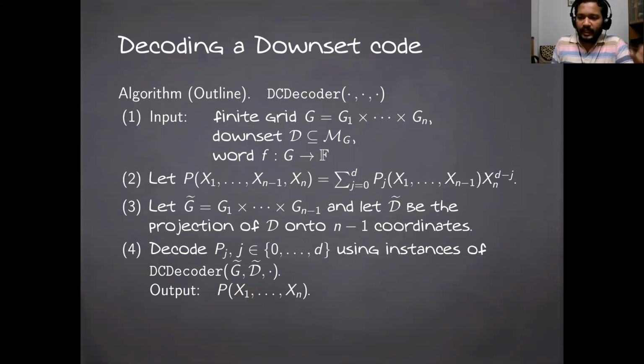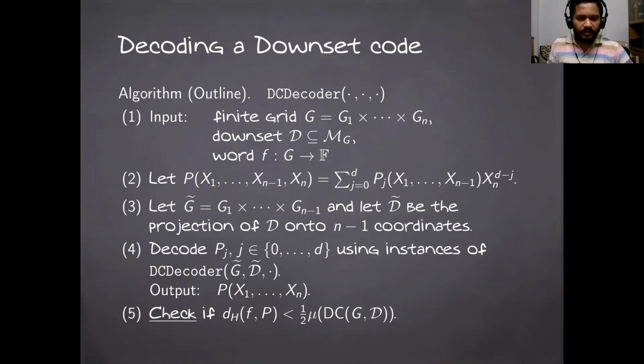So the idea here is decoding one polynomial in n variables is equivalent to decoding a bunch of polynomials in n minus 1 variables. Now the fourth step that I've written here involves some work about what kind of projections to take, what sort of instances of the smaller decoder one has to call. But I'm not really going into the details of the algorithm.